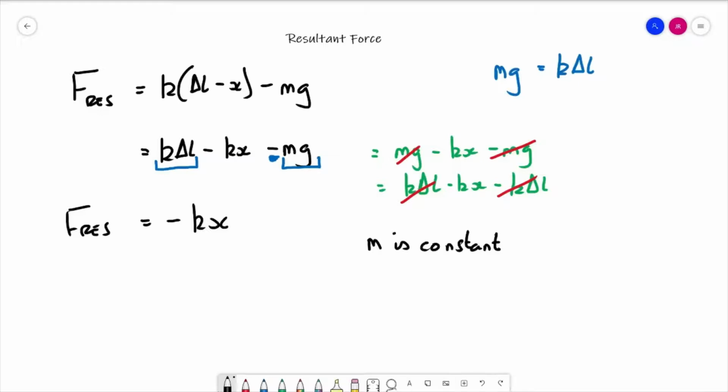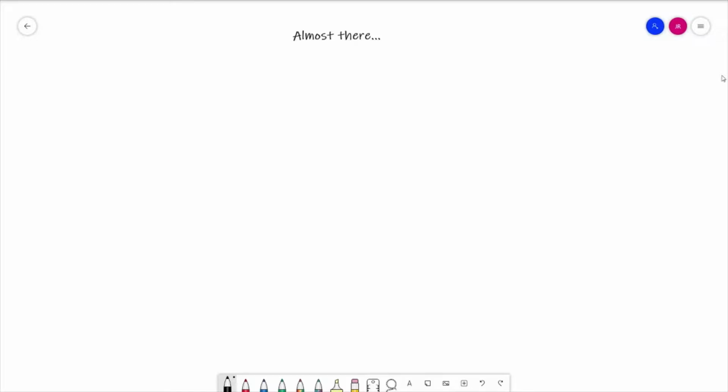We can take the simplified version of Newton's second law, F is equal to ma, and we end up with the equation ma is equal to minus k times x. So once again we are almost there. Let's bring that equation back. ma is equal to minus kx.